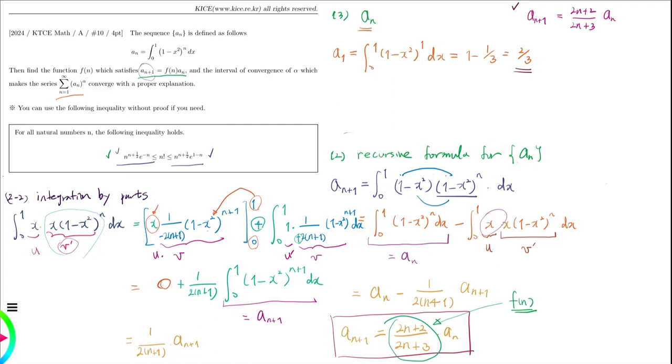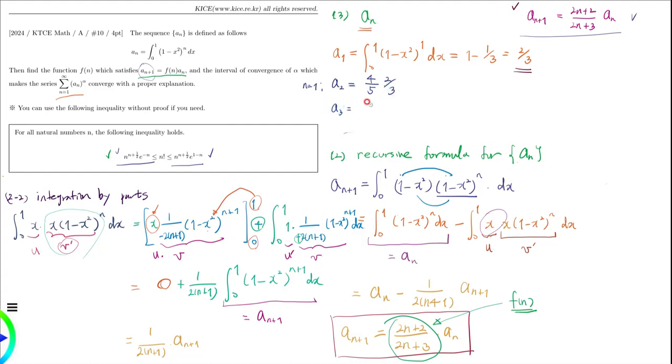So by reproducing this relationship with this relationship, we can reproduce the second term, which is when n equals 1. So we have 4 over 5 times a sub 1, which is 2/3.